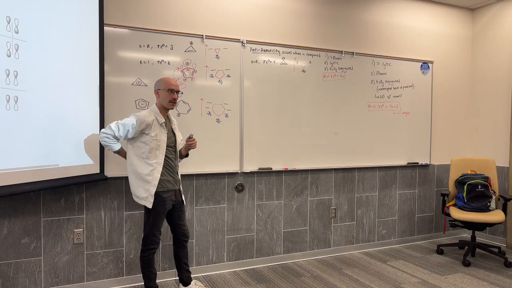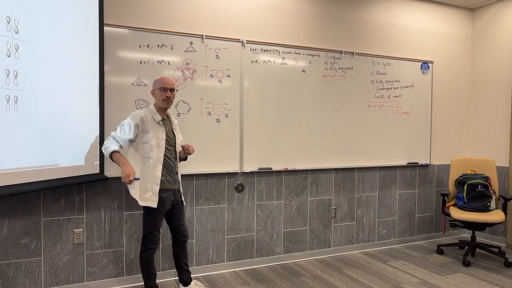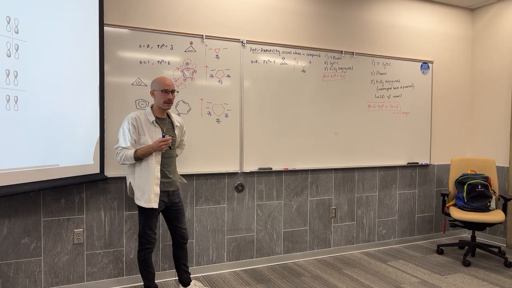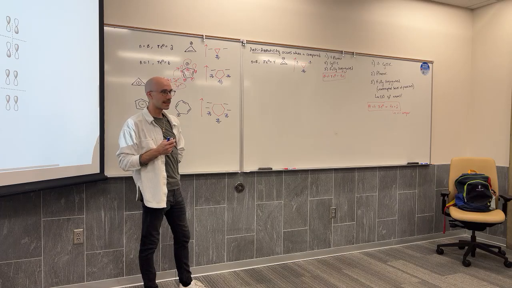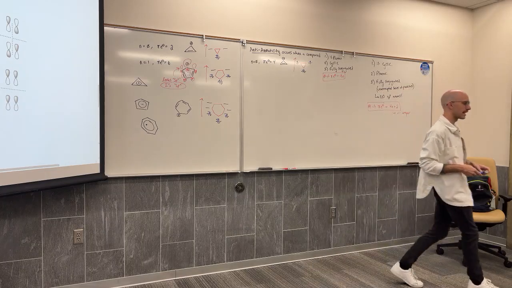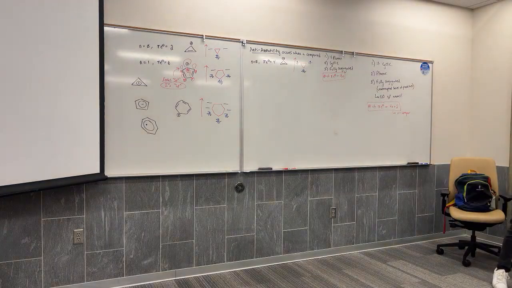What do you see? Unpaired electrons. You know what we call unpaired electrons? Radicals. And what are radicals? Highly reactive electron species. So why is an aromatic compound stable?